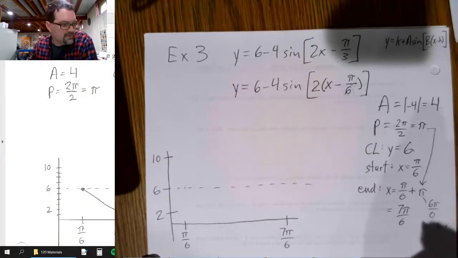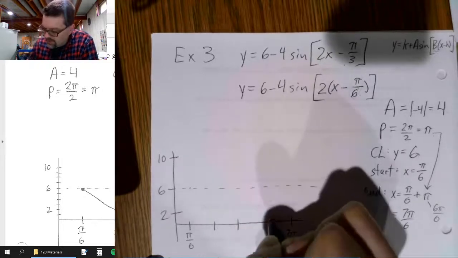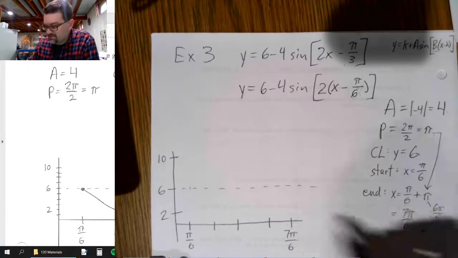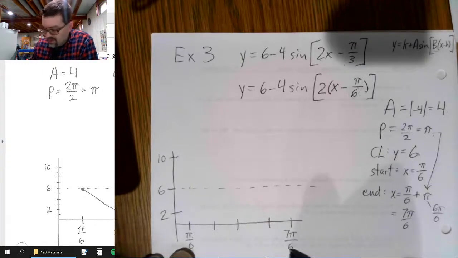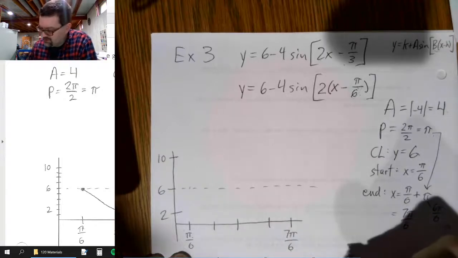So, what do we have in between? Kind of like the previous one, they're all going to have pi's. These two both have the same common denominator, which is 6, which is nice. So we're just asking what's halfway in between 1 and 7.